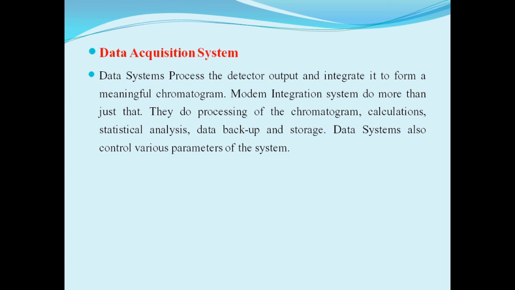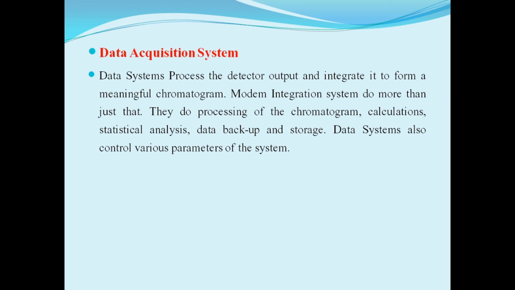Next, instrumentation part of HPLC is the data acquisition system. Data systems process the detector output and integrate it to form a meaningful chromatogram. Modern integration systems do more than just that.